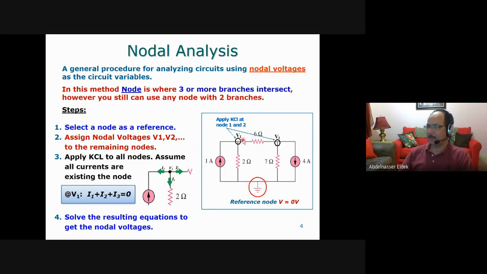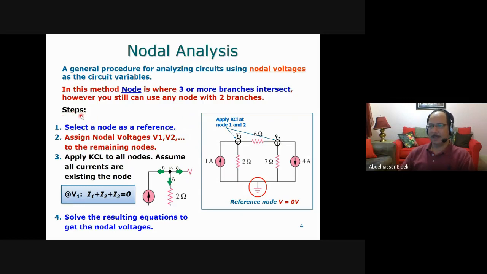Like for this one, for example, which I call V1, and this one, which I call V2. And of course, the ground here is one node, since they are all connected together. So this is another node, one node. So this is the first step: you need to define the nodes of your circuit.